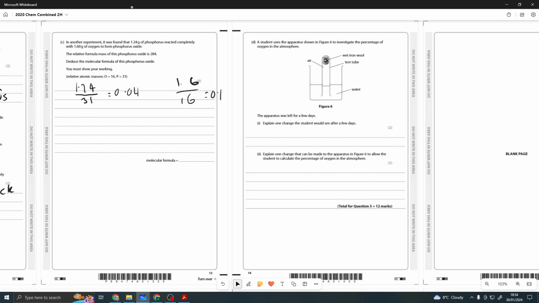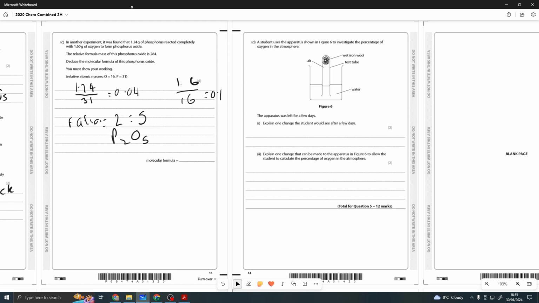Okay, now, the ratio, therefore, would be 2 to 5. That is the ratio of things we have, 2 to 5. Now that would therefore give us the empirical formula of P2O5.